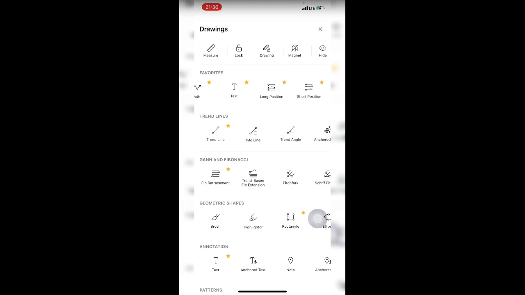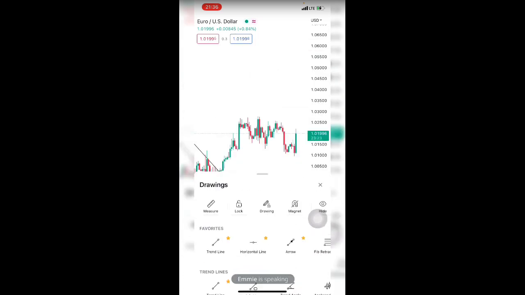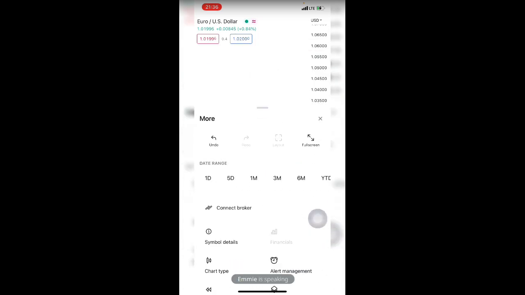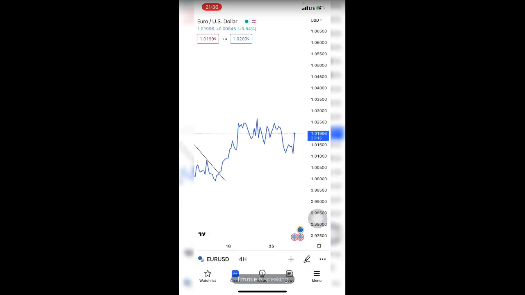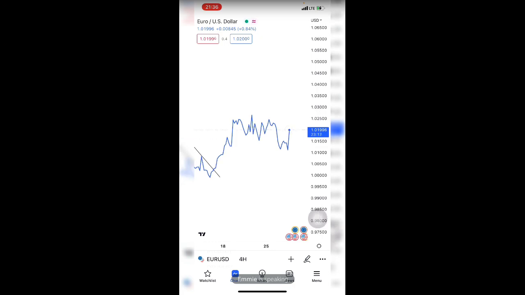So this one now, I will firstly change the chart type using 3 dots to line, and I can now determine the trend of the market. But this one is not looking like an uptrend. It's like the market is firstly in a range.